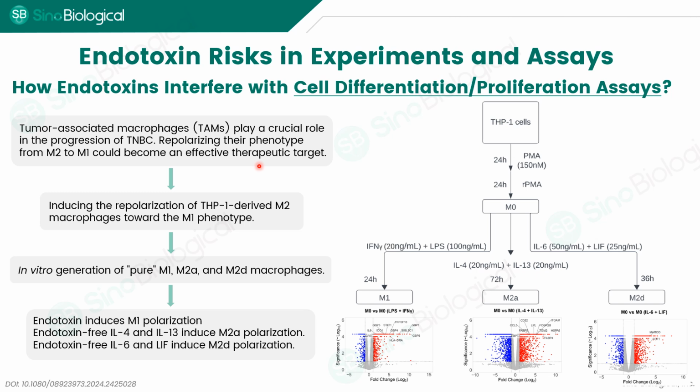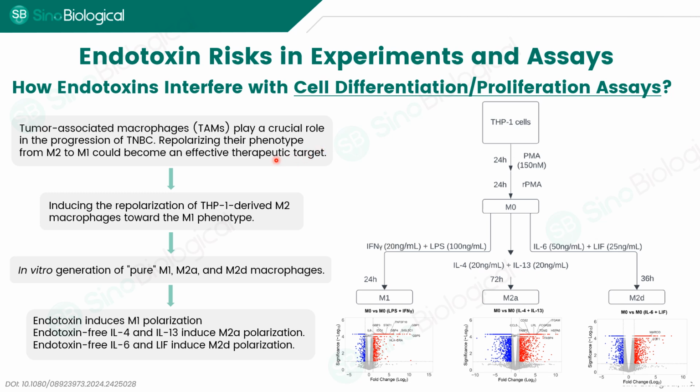Now let's take a look at how endotoxin can interfere with cell polarization and differentiation studies. In this study, the tumor-associated macrophages, or TAMs, played a crucial role in the progression of TNBC.